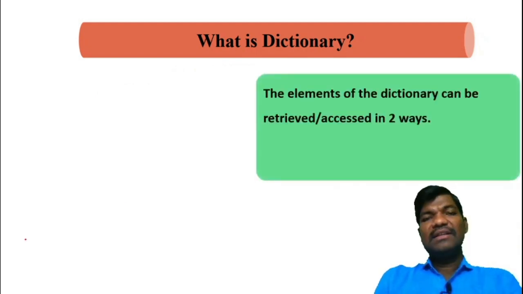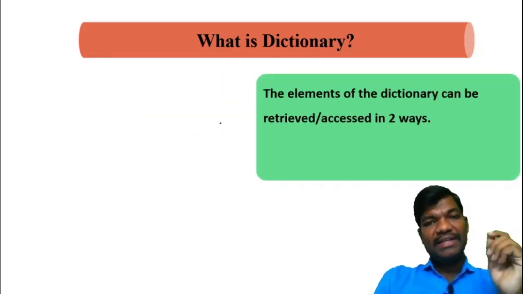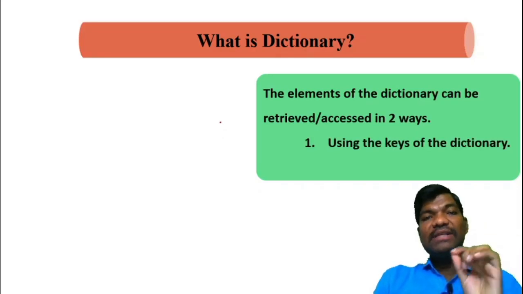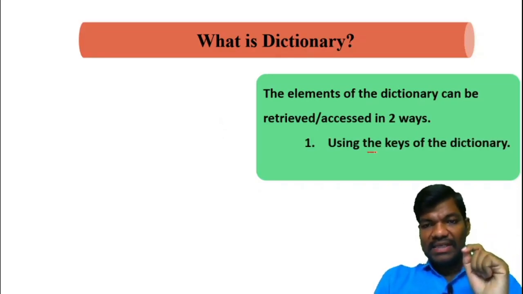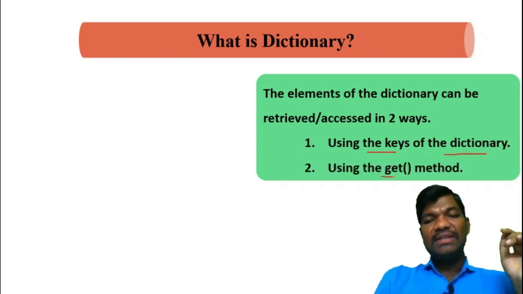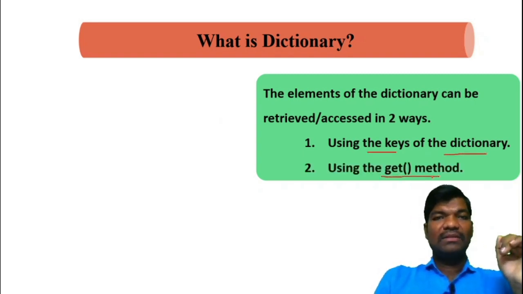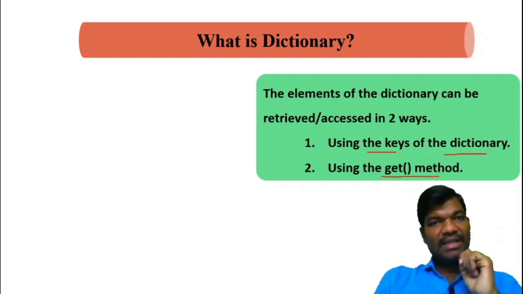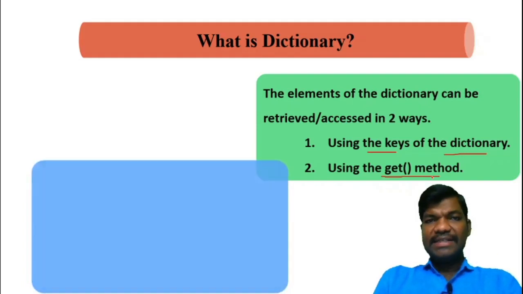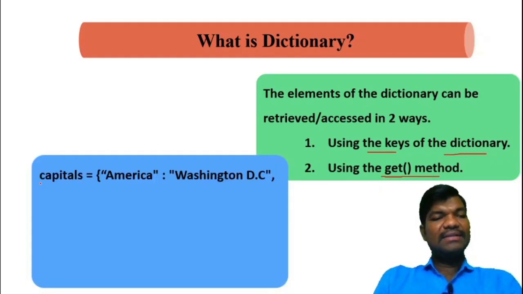So let's check the methods. The elements in a dictionary can be accessed in two methods. What are the two methods? By using the key, and by using the get method. Let's check one example, capitals.